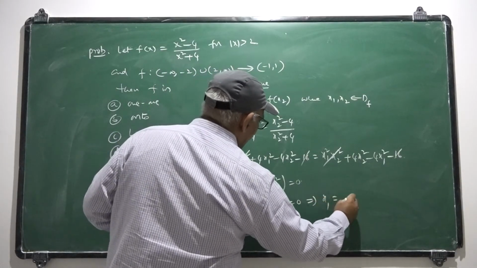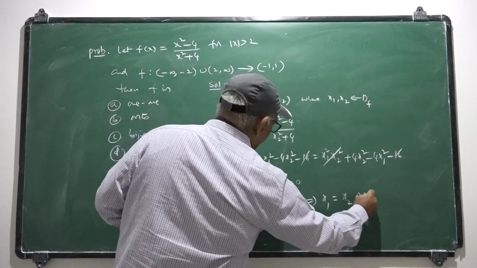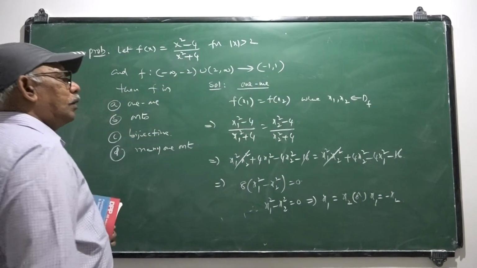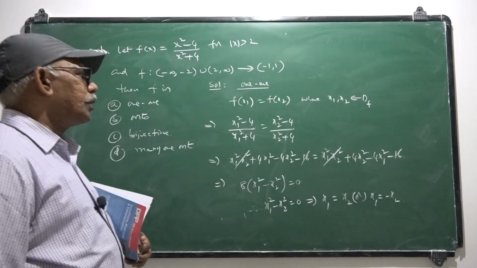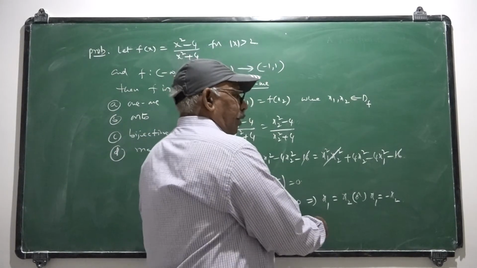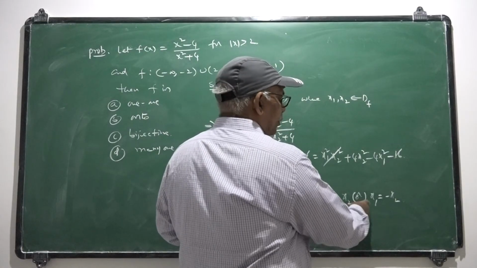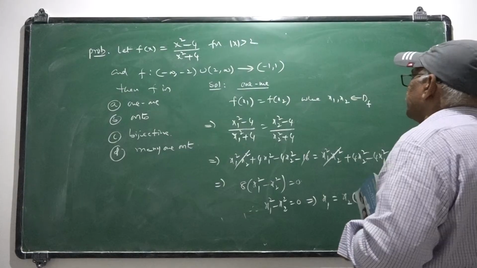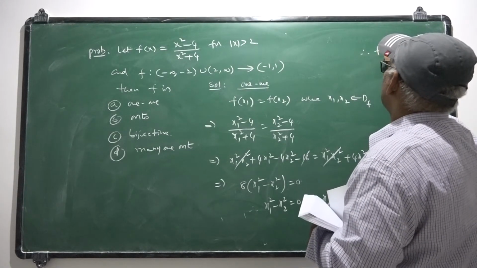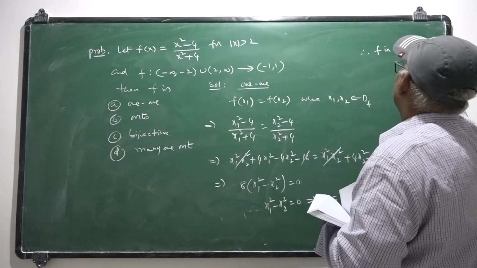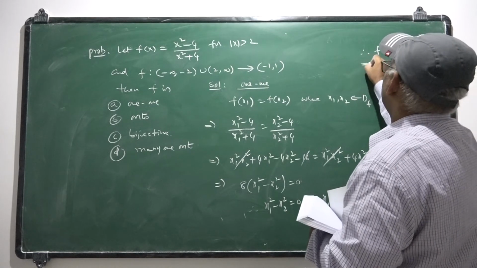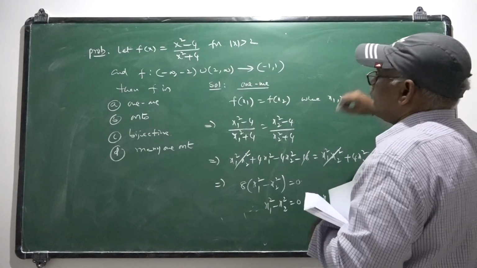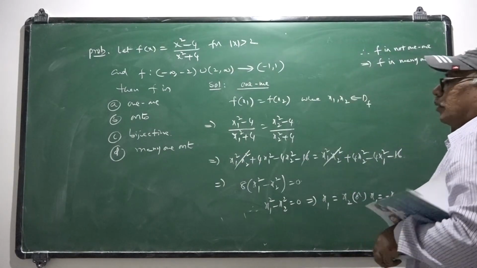That implies x1 equal to x2 or x1 equal to minus x2 also. f of x1 equal to f of x2 implies either x1 equal to x2 or x1 equal to minus x2. Any one follows. So therefore, f is not 1-1. It is a many-one function.